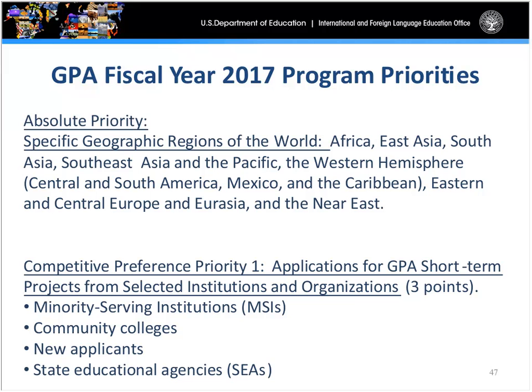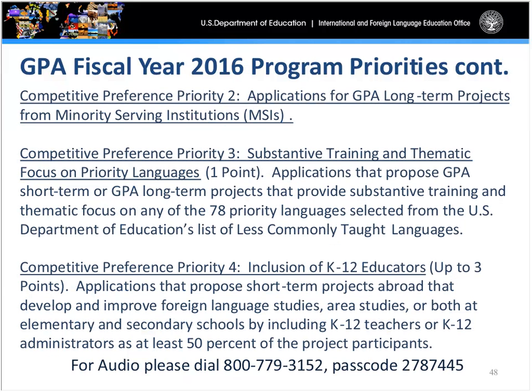And then priority 2 is only for long-term projects. Priority 3 is for short and long-term, and priority 4, which is the inclusion of K12 educators, is for short-term projects.